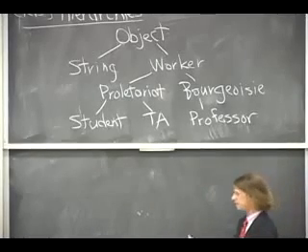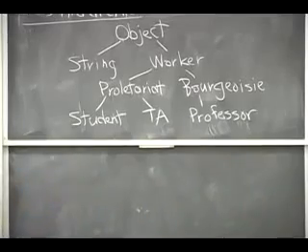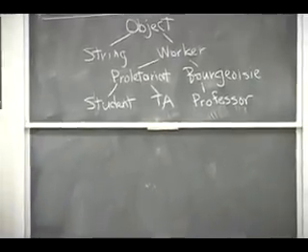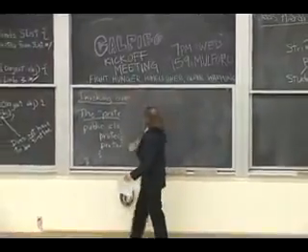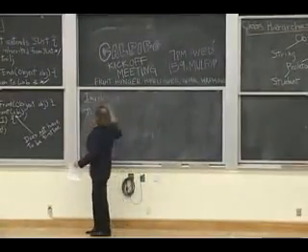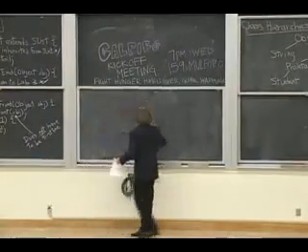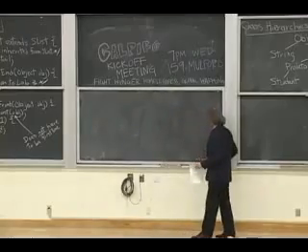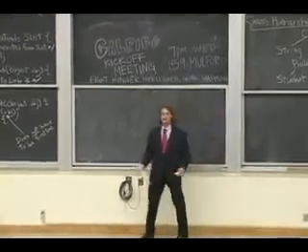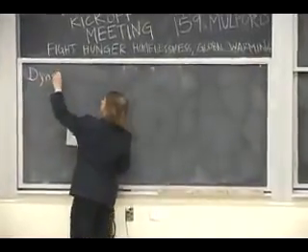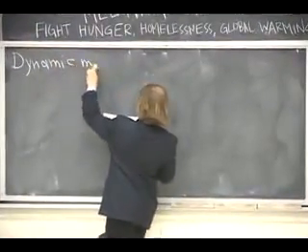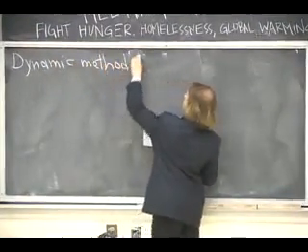All right. Maybe I'll use this board, because now here's where we get to the heart of things. The heart of inheritance is something with the obscure-sounding name dynamic method lookup.